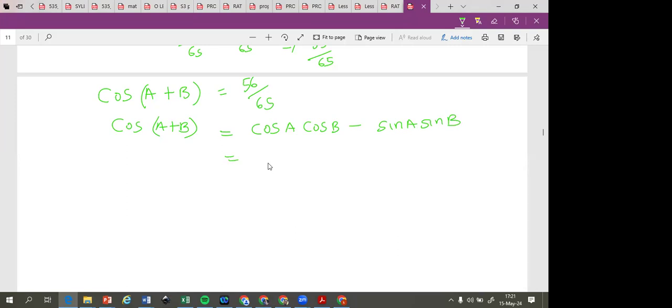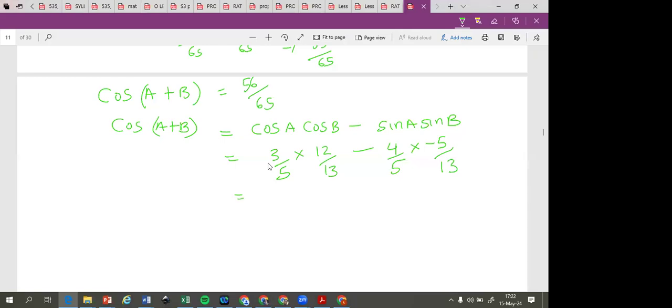Tell us, what was your cos A? 3 over 5. What is cos B? 12 over 13. What is sin A? 4 over 5. What is sin B? Negative 5 over 13.